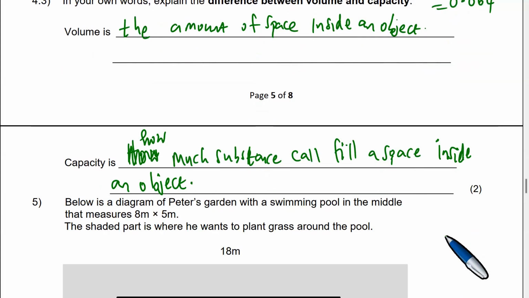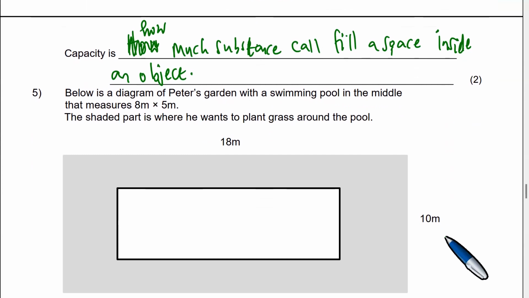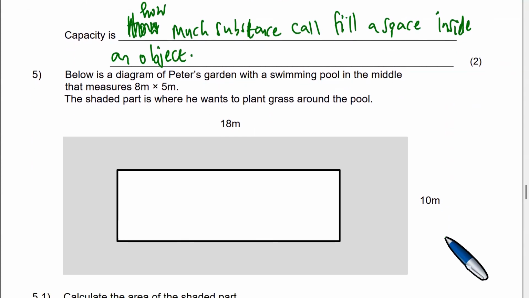All right, if you look at number 5, below is a diagram of Peter's garden with a swimming pool in the middle that measures 8 meters by 5 meters. The shaded part is where he wants to plant grass around the pool, 18.5.